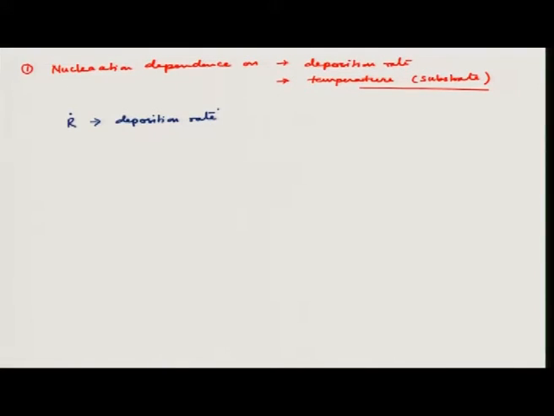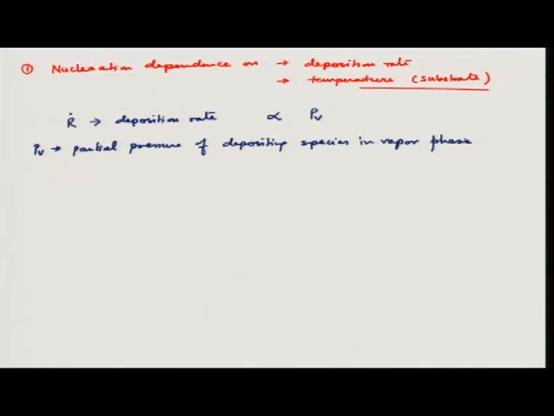So, deposition rate, or number of atoms per unit area per unit time being deposited, and we should realize that this should be proportional to PV, which is the partial pressure of depositing species in vapor phase.